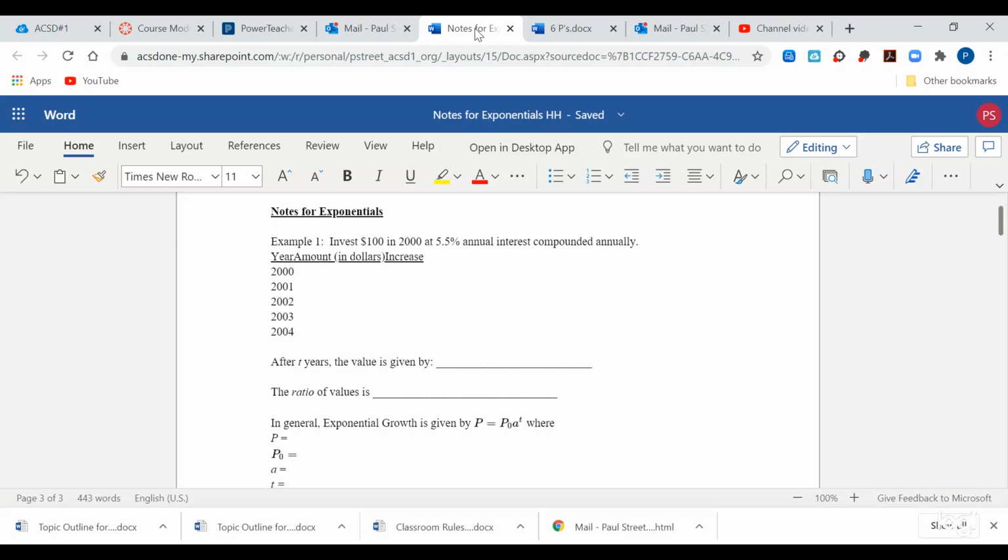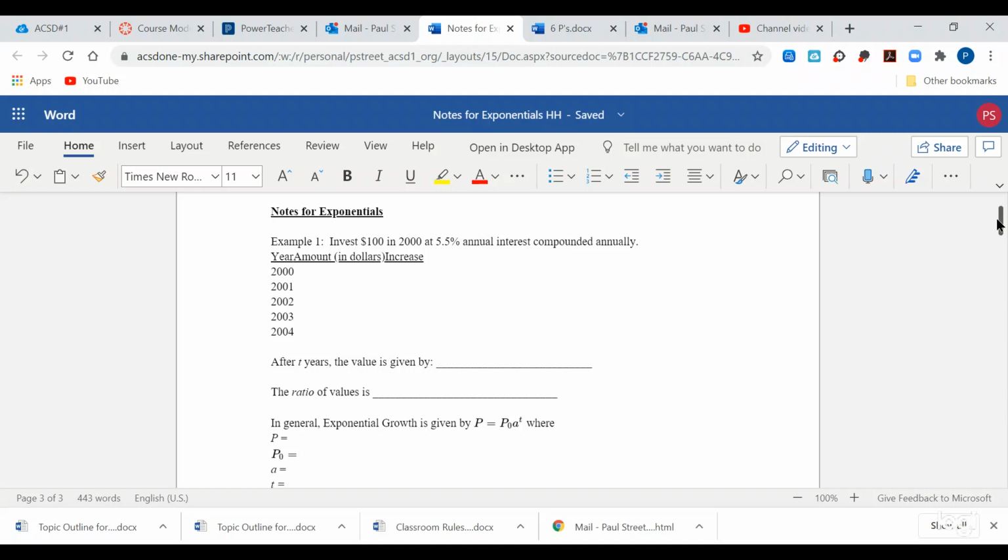We talked about this some last year, and that ratio is going to be 1 plus r, where r is the percent increase or decrease, because if this was a number less than 1, then that difference would be how much it is decreasing each time. Okay, we okay with that? Stop and ask if I'm going too fast or something's not clear.